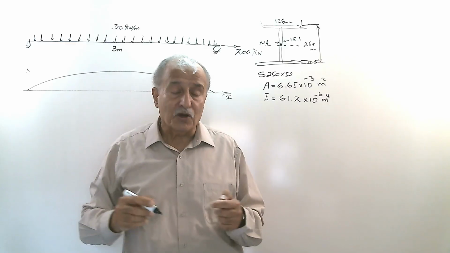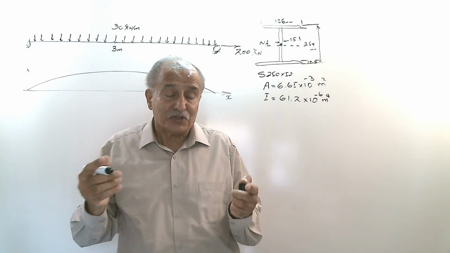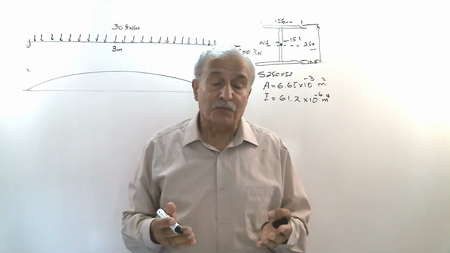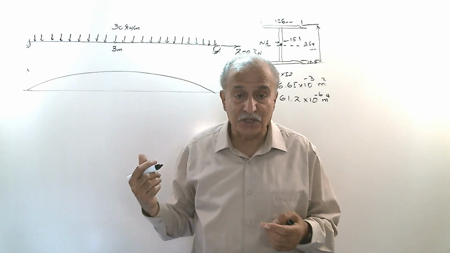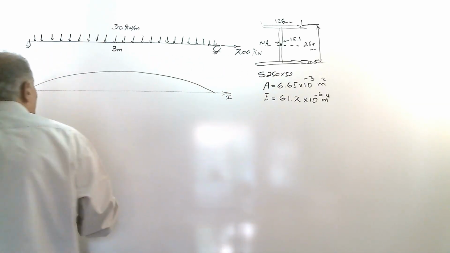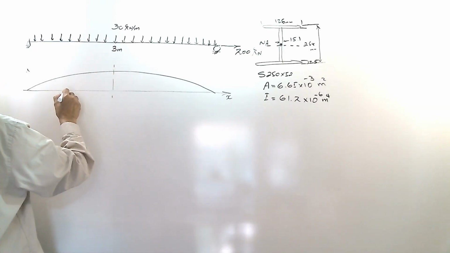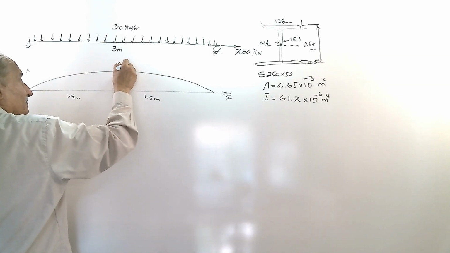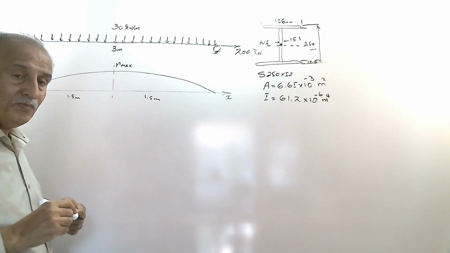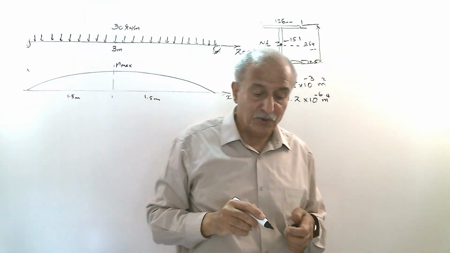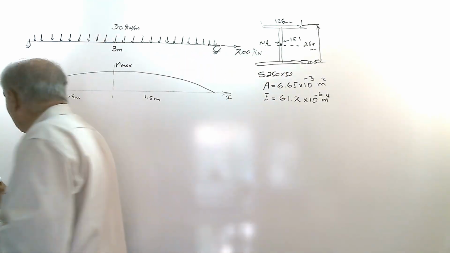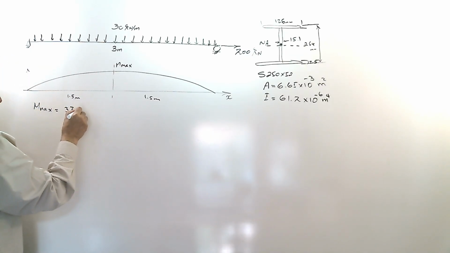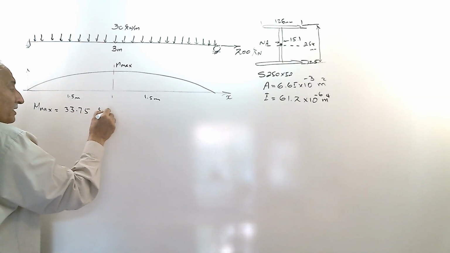Because we consider only the worst case scenario, when the bending moment is maximum, and maximum bending moment here occurs at the middle of the beam, which is 1.5 meter, this M max, if you calculate it, is equal to 33.75 kilonewton meter.